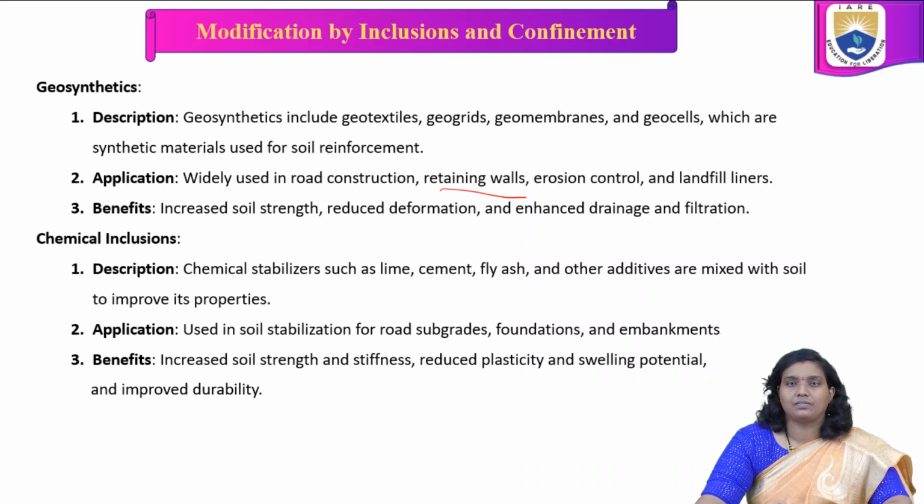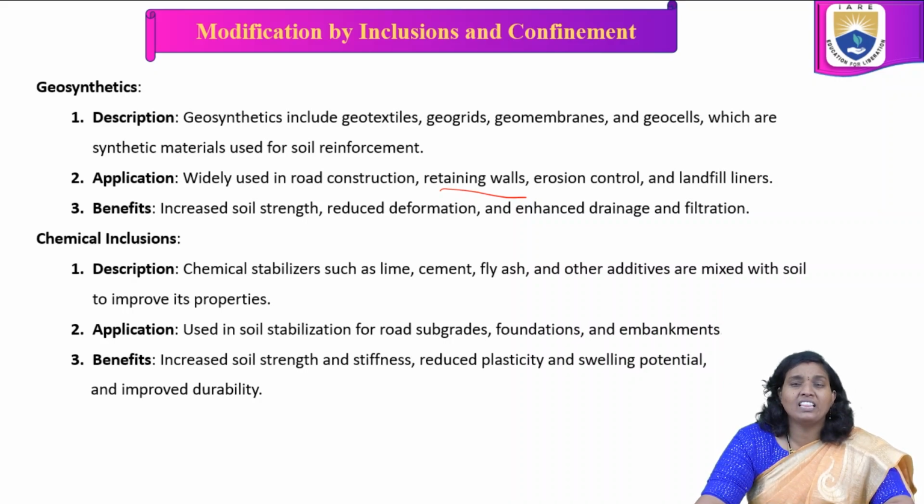Chemical inclusions: chemical stabilizers such as lime, cement, fly ash and other additives are mixed with soil to improve its properties. Such soil modifications are based on inclusions, that is nothing but chemical inclusion.